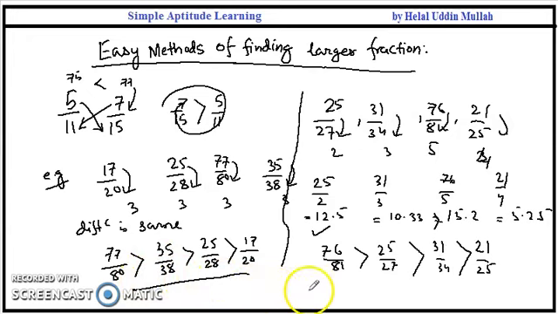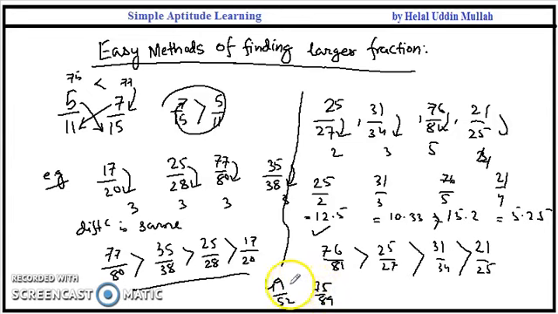Again, if there are numbers like 49 by 52 and 75 by 79, and you want to know which fraction has the largest value, here you cannot do the cross multiplication of such large numbers. If you multiply 49 and 79, 75 and 52, it is a big task.